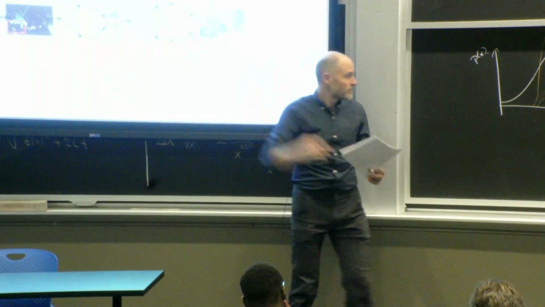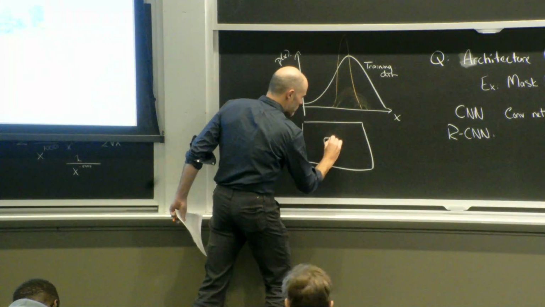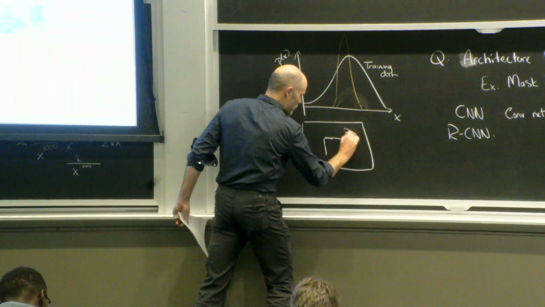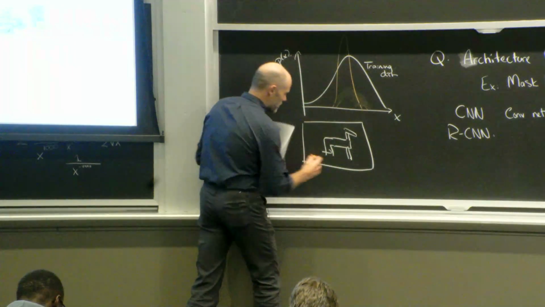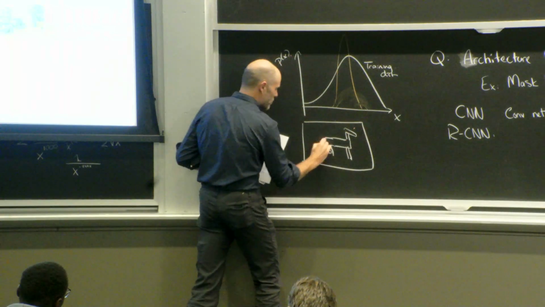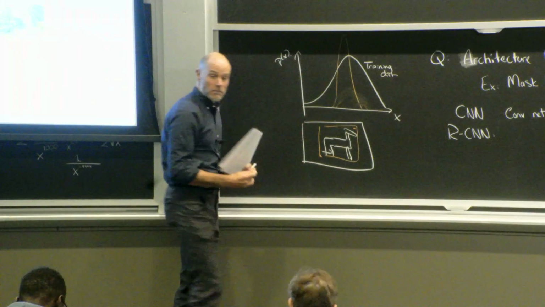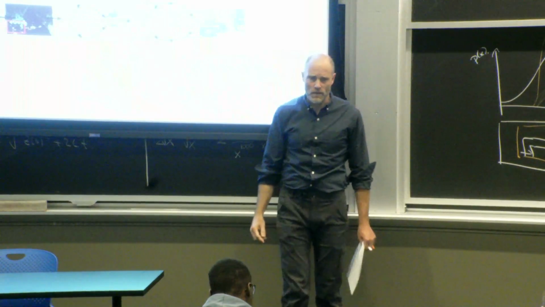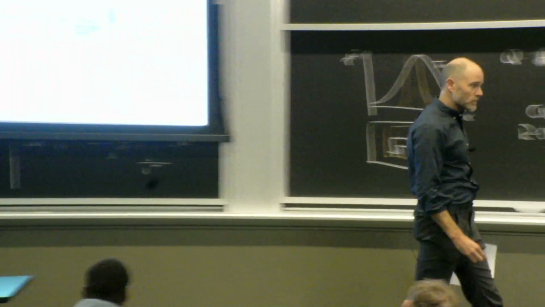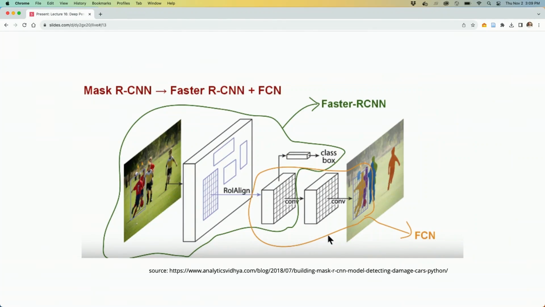If my proposed region was here and my, I don't know, horse was here, then I could say, here's a tighter bounding box. So it output four numbers, a refined bounding box, as an additional output. And that gave us these detection bounding box windows. Okay, and then that's mostly it.